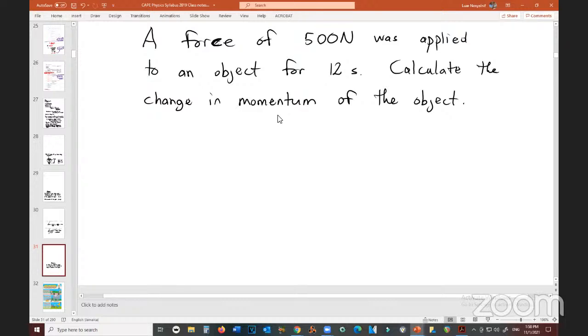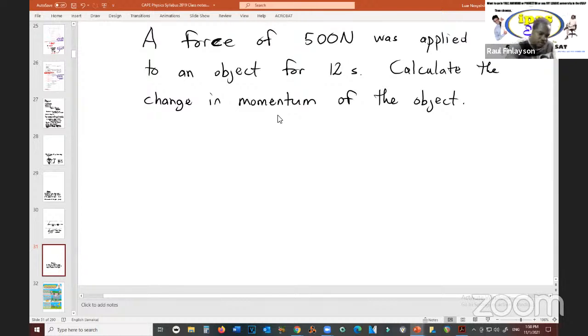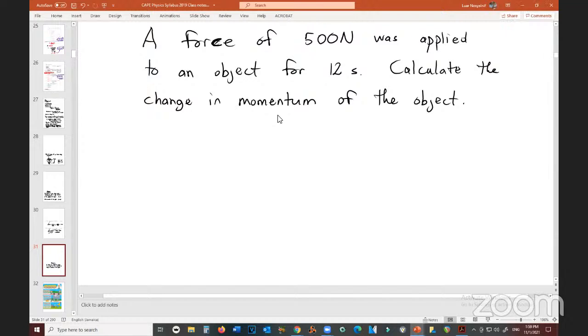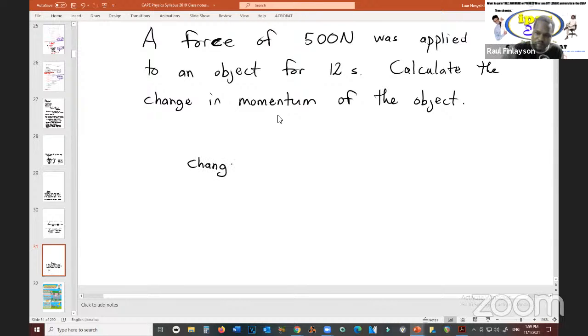Sir, I will get 41.6. All right, so you're going to get 41.6. So how you get the 41.6? Sir, me divide the force. All right, so hold on. First of all, you write the formula.